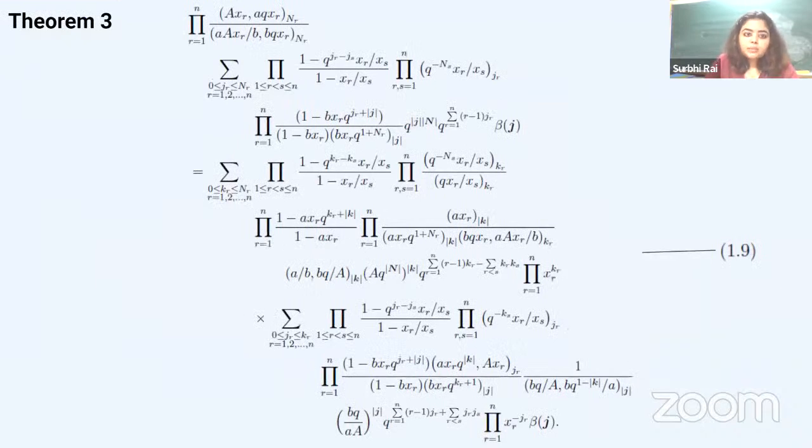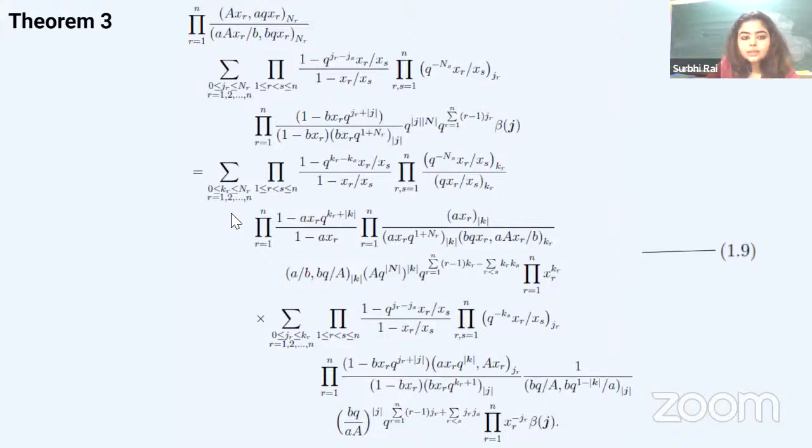So similarly, we have given a different choice of ky. For instance, here it's a product r equals 1 to n of axr aqxr over aaxr 1b bqxr over. We obtain a similar but different result. This time it's a finite sum on both the left-hand side and the right-hand side.